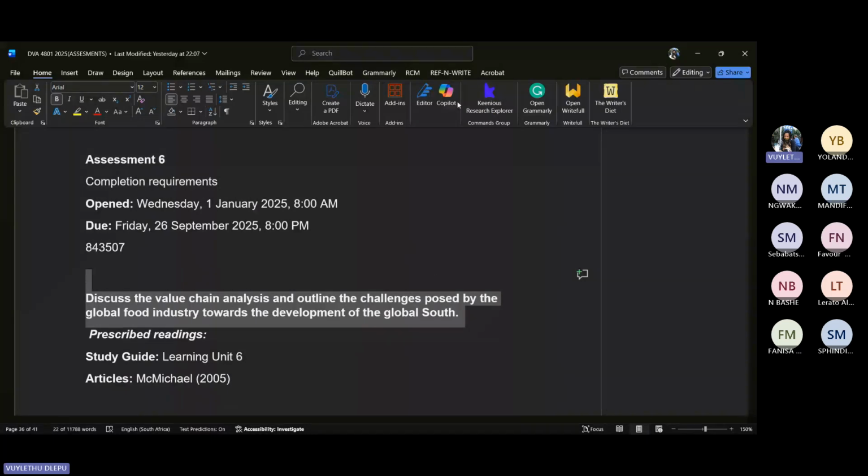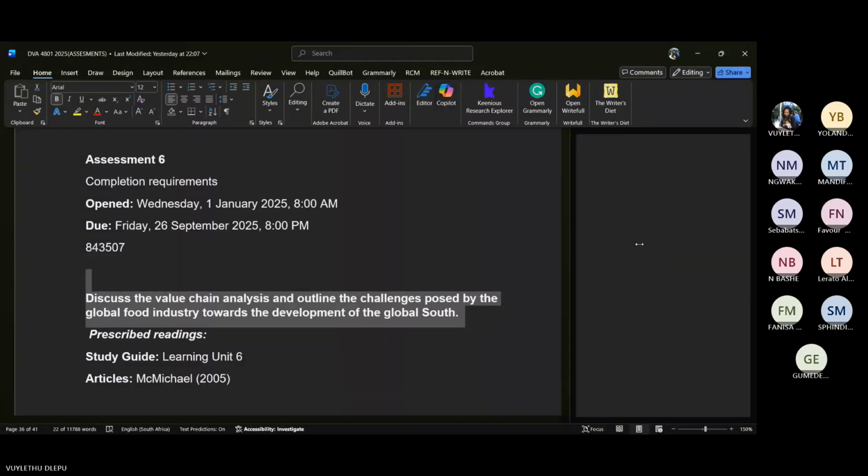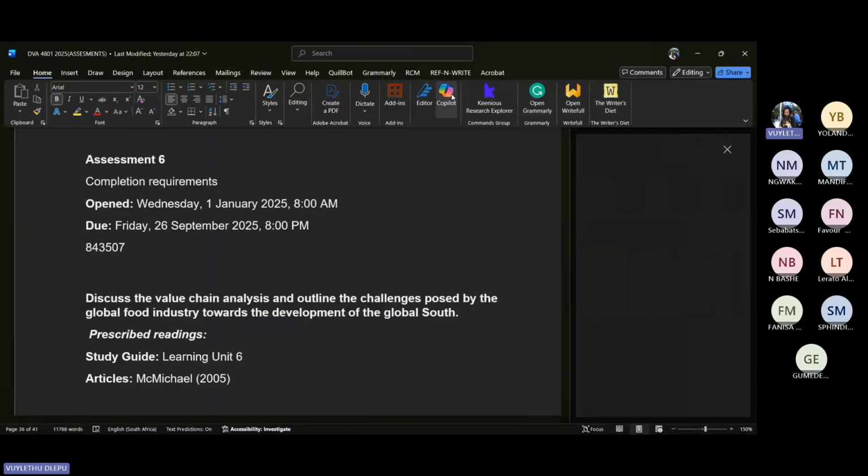Yes. Okay, so you see assessment 6. Right? Okay, so I'm going to use AI here to show you guys how I use it, because this is a pre-planned assignment, right? We are allowed to use other tools prior, to prepare ourselves so that we're able to answer with substance.